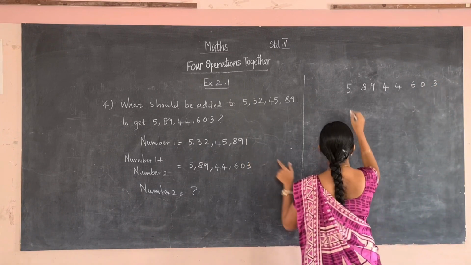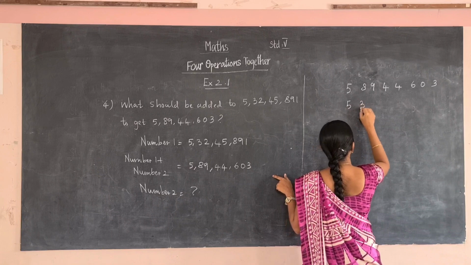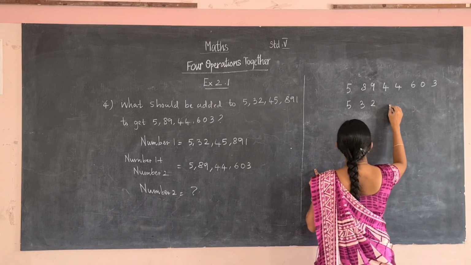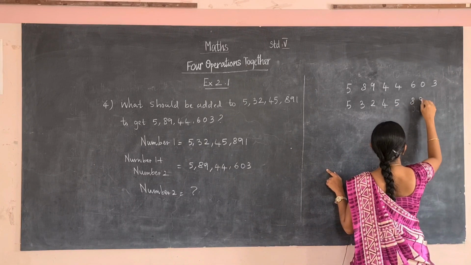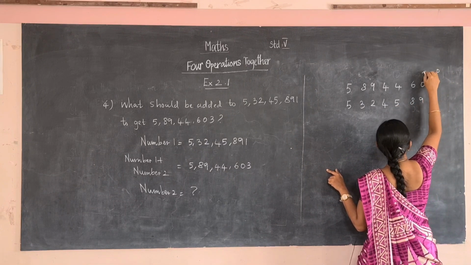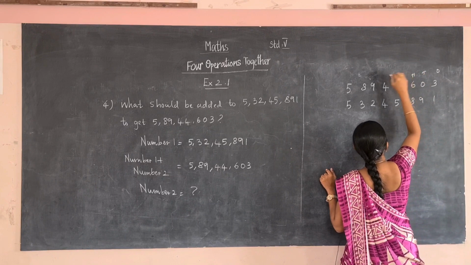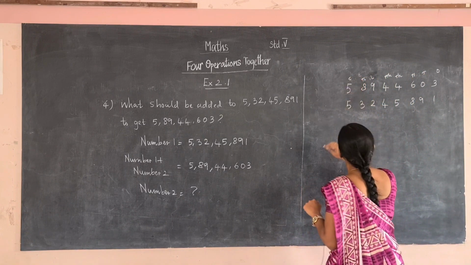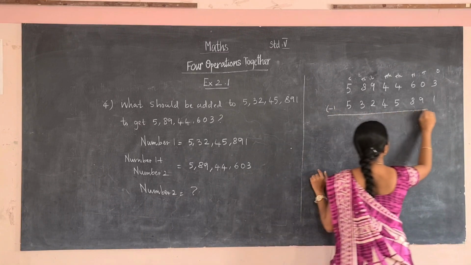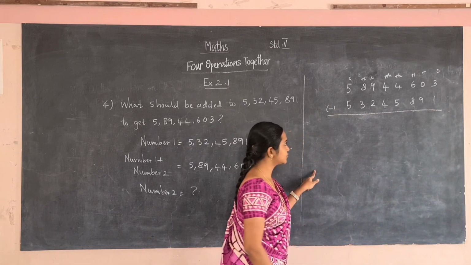Number 1 is below. Write the place value: ones, tens, 100, 1000, 10,000, lakh, 10 lakh, crore. Subtract these two numbers to find number 2.